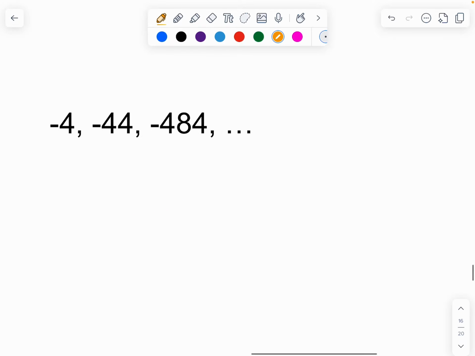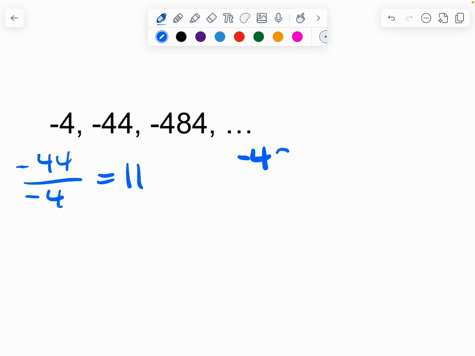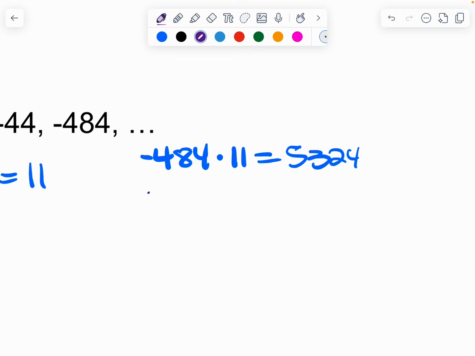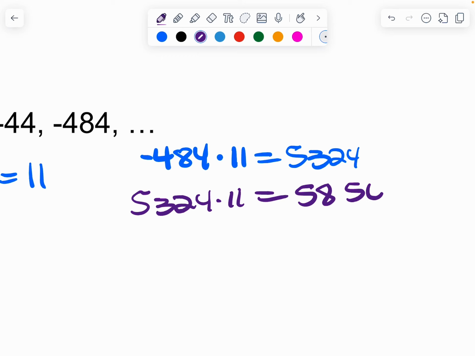Okay, this one. Negative 44 divided by negative 4 is going to get me 11. So I'm going to take negative 484 and multiply that by 11. I'm going to get 5324. And then I'm going to take 5324 and multiply that by 11. I'm going to get 58564.